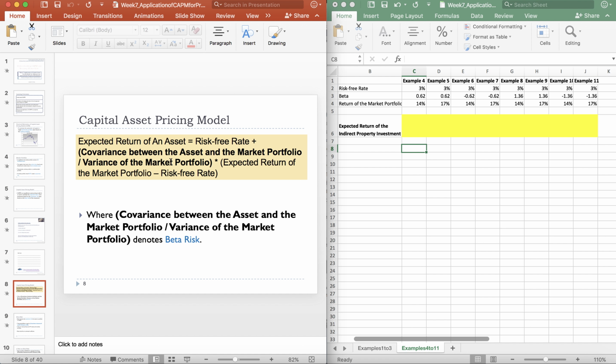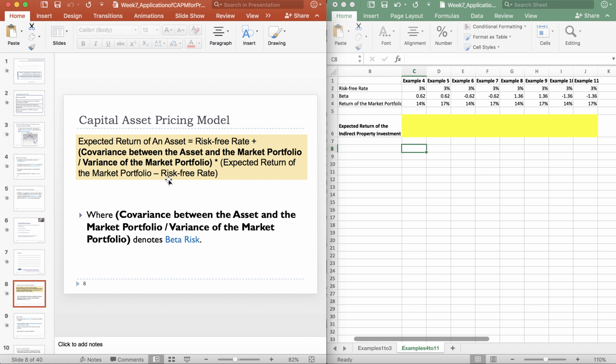So the formula of the capital asset pricing model shows that the expected return of an asset or a portfolio equals the risk-free rate plus beta risk, then times the expected return of the market portfolio minus the risk-free rate, in parentheses.